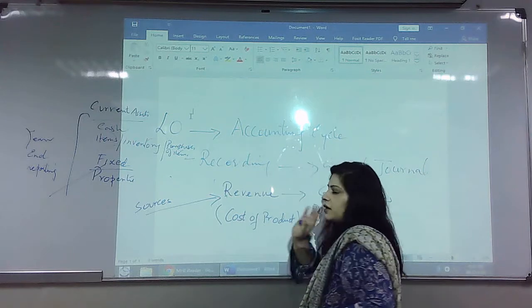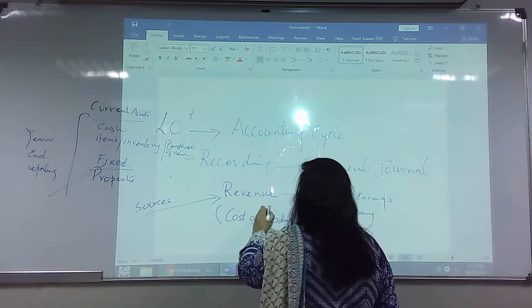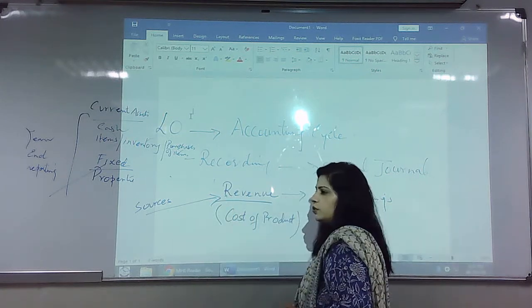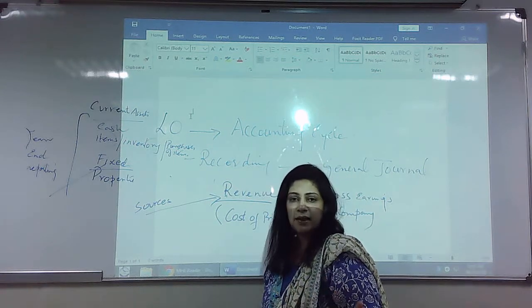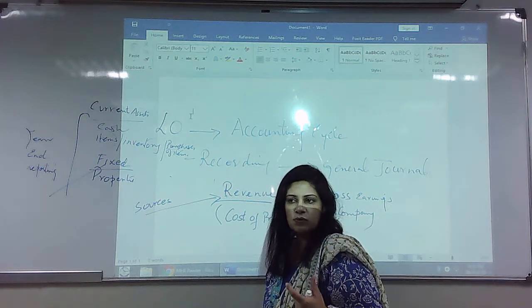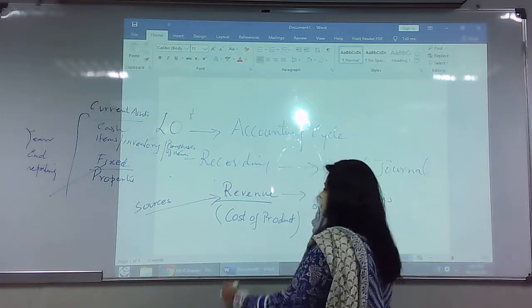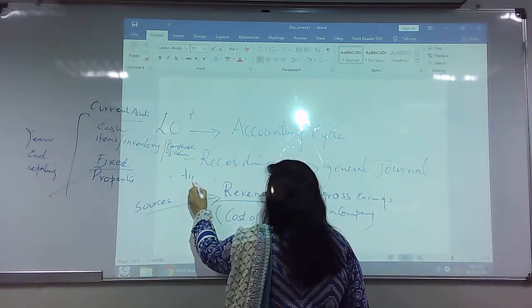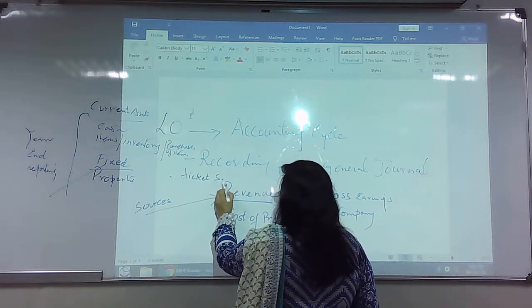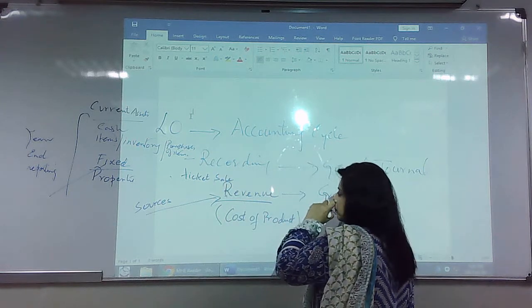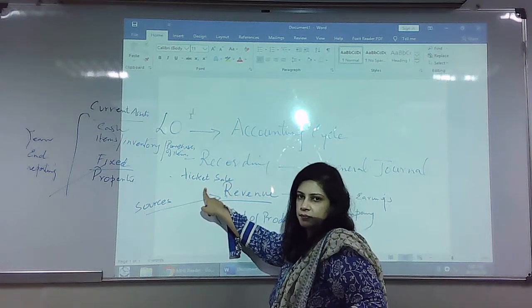We have Turkish Airlines or Emirates. They earn a revenue through selling tickets. And their source of funding is people buying those tickets and giving them money. So ticket sale is the source of revenue for a services sector.